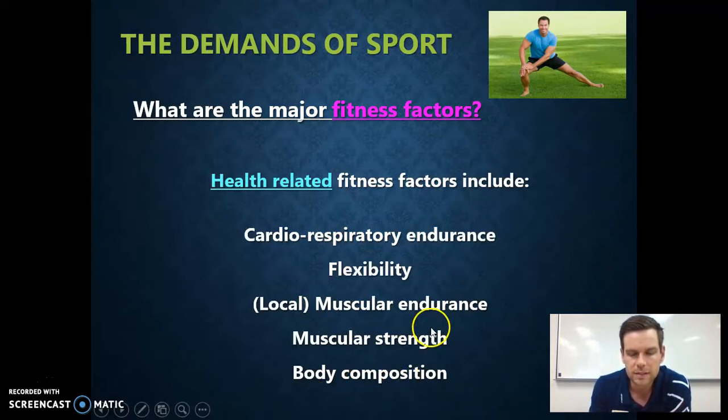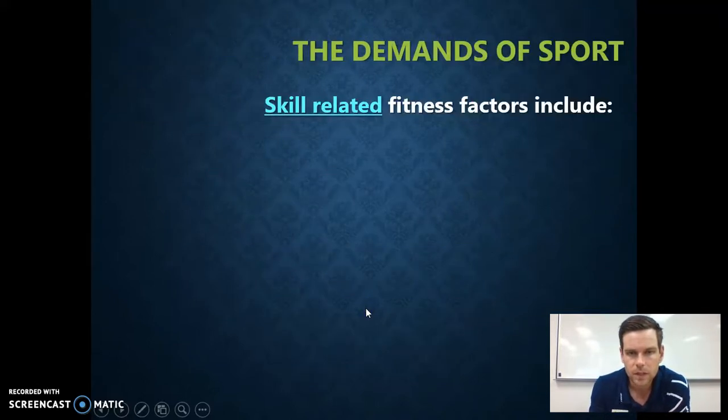So all these things, whilst we can definitely train these and should be a focus for athletes of all different ranges, are the fitness factors that relate directly to healthy lifestyle living as well as skillful athletes. So the next type of fitness factor group we're going to look at is the skill-related ones.